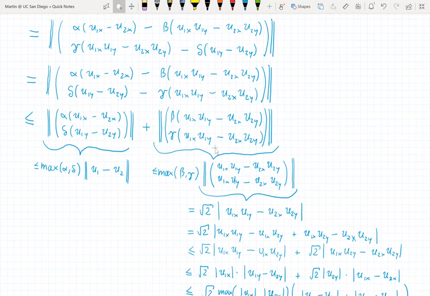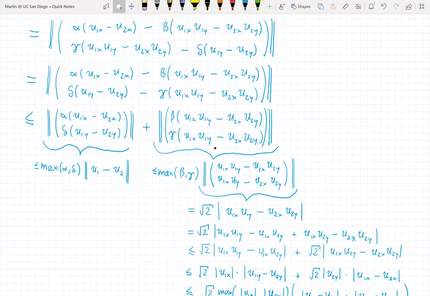Since we take the Euclidean norm of a vector with identical components, that Euclidean norm is equal to the square root of 2 times the absolute value of u1x u1y minus u2x u2y. And I suggest you verify that identity by yourself.